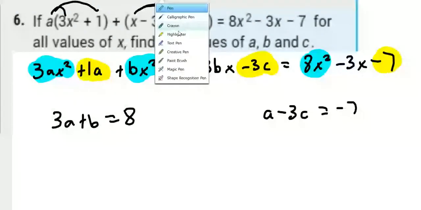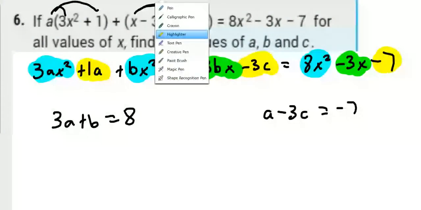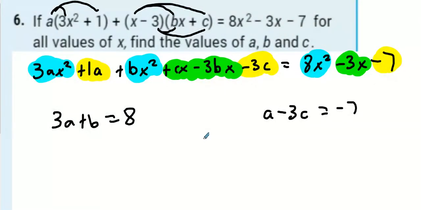And finally, cx minus 3bx equals, this is difficult. Okay. Now, I'm just going to ignore the x's. Is that okay? So it's c minus 3b. C minus 3b equals minus 3.